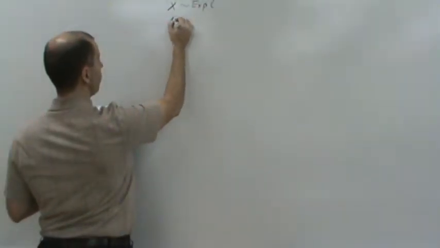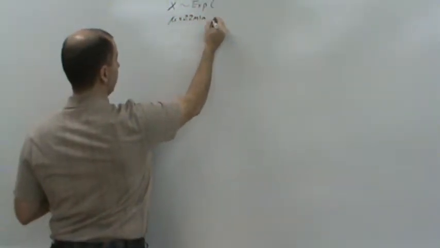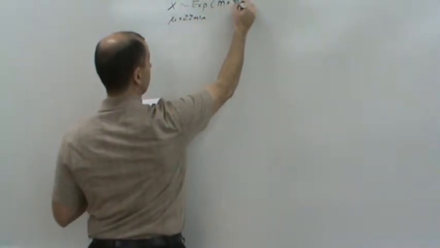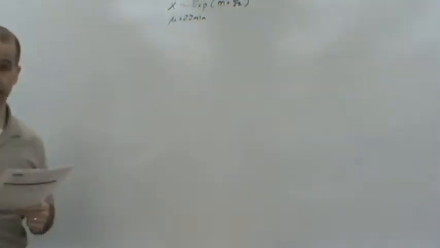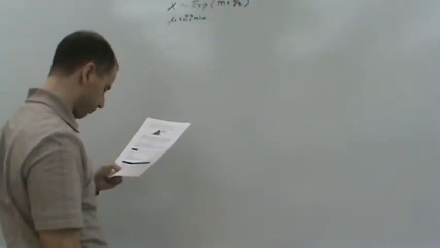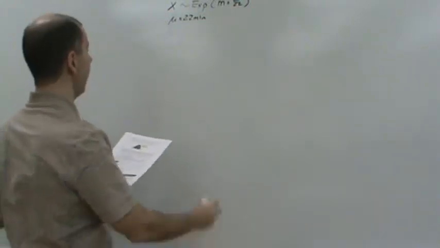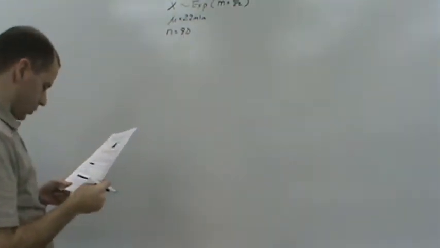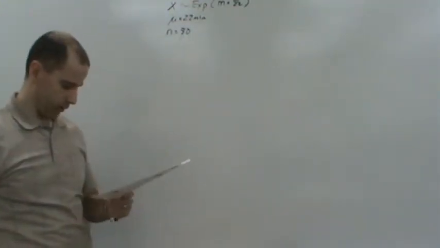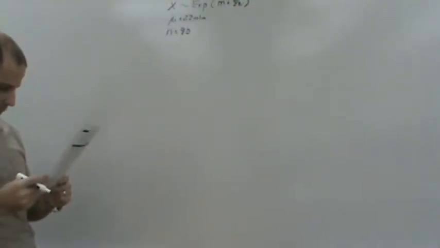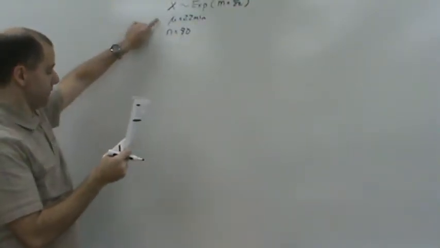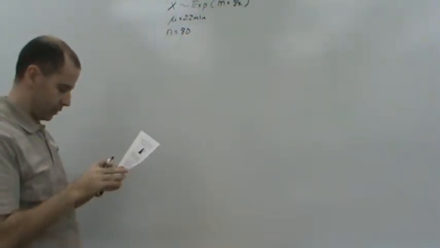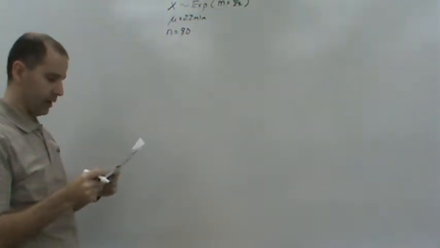So mu equals 22 minutes, which means that m equals 1 over 22 because it's exponential, the decay constant. Then n, a sample size of 80, so 80 customers. We're going to use this information to answer the following question. Again, X represents the excess time used by one individual cell phone customer who exceeds his contracted time allowance.